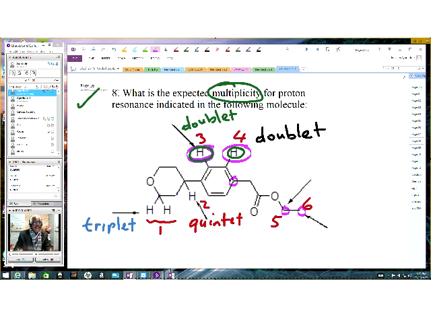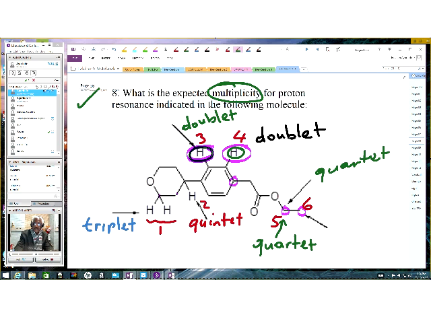So therefore, the multiplicity of the hydrogen on 5 will be a quartet. That is for this hydrogen here. Okay, this is quartet.